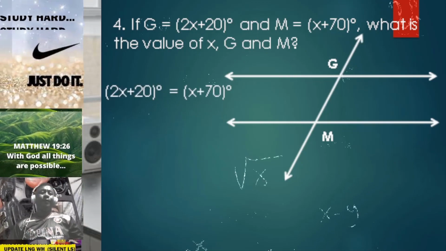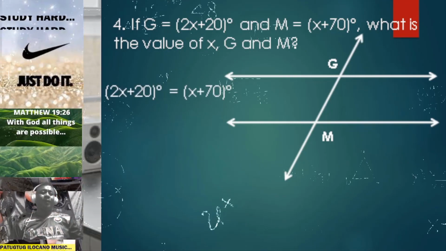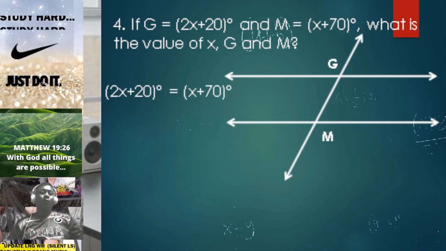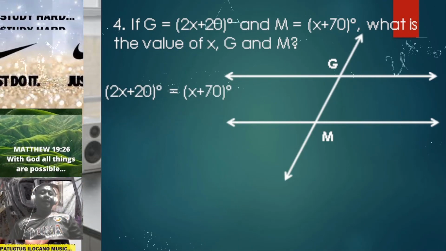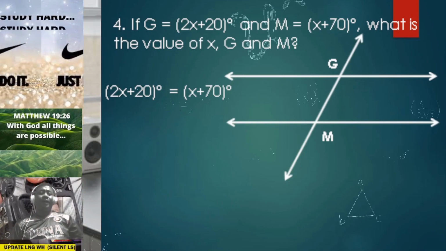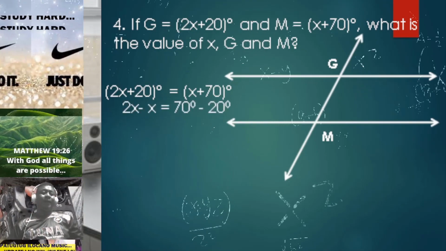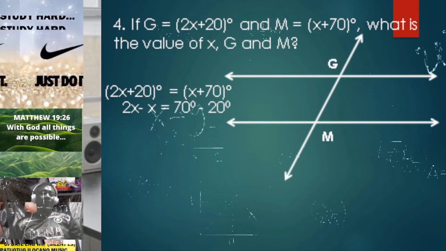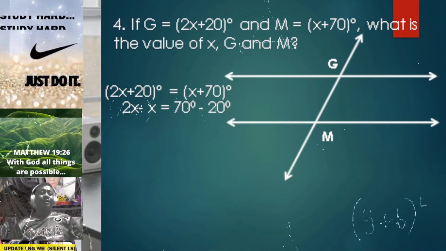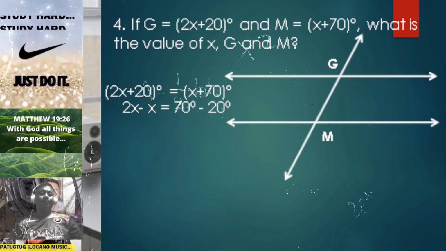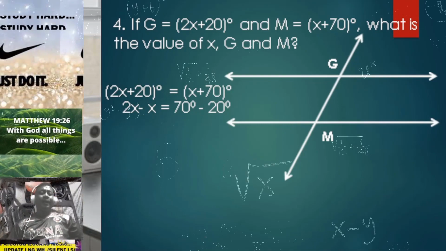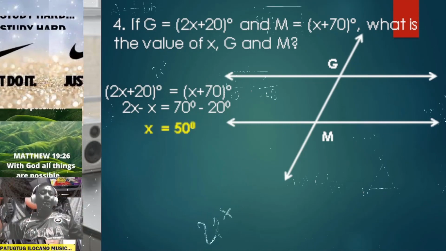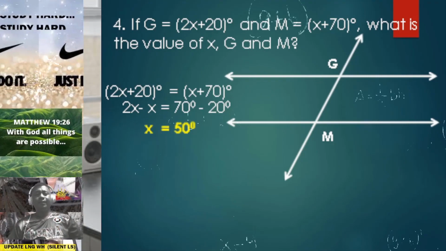So we have quantity 2x plus 20 degrees is just equal to quantity x plus 70 degrees. Applying subtraction property of equality, we have 2x minus x is equal to 70 degrees minus 20 degrees. Simplifying further, x is just equal to 50 degrees.